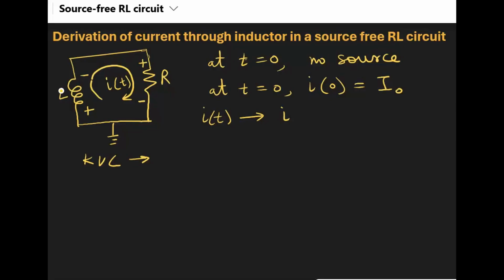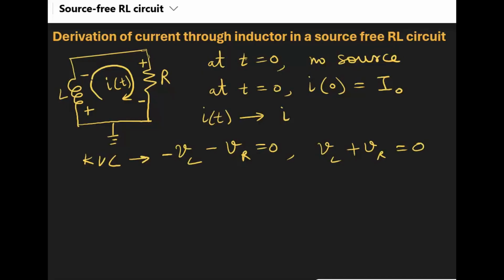Similarly, across R also, plus minus. This is the polarity. The voltage across the inductor we consider as VL. So it will be minus VL minus VR equals 0, which we can also write as VL plus VR equals 0, because the right hand side is 0.